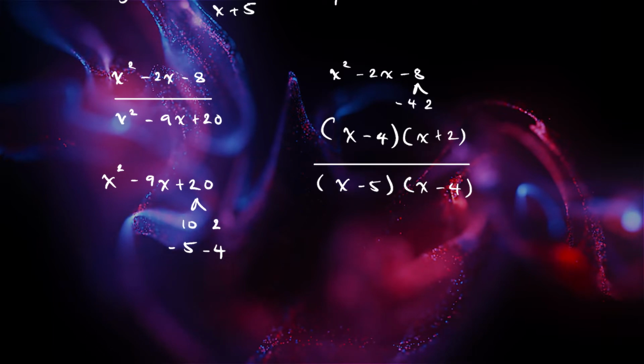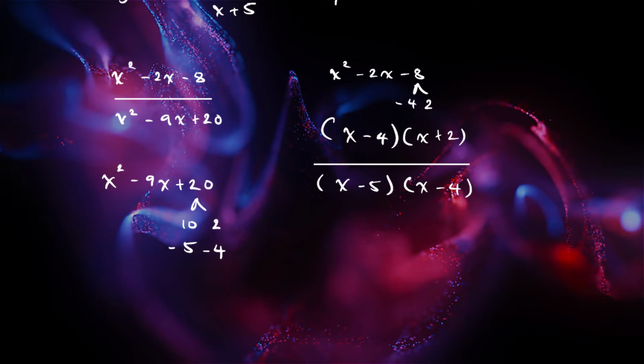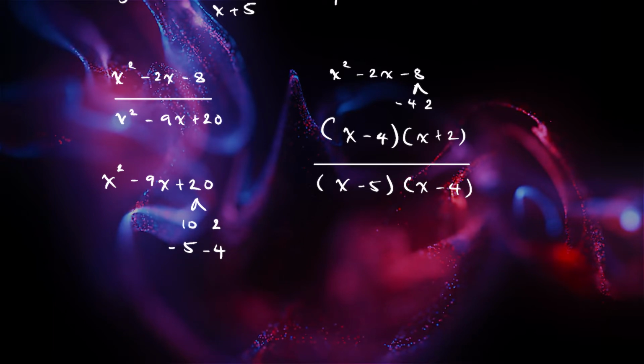now that we've factorized it, we can simplify. So remember, we always need to have our numerator and our denominator in the most simplified form possible before we start cancelling terms out. So if we compare the denominator and the numerator, we can see both have x minus 4.